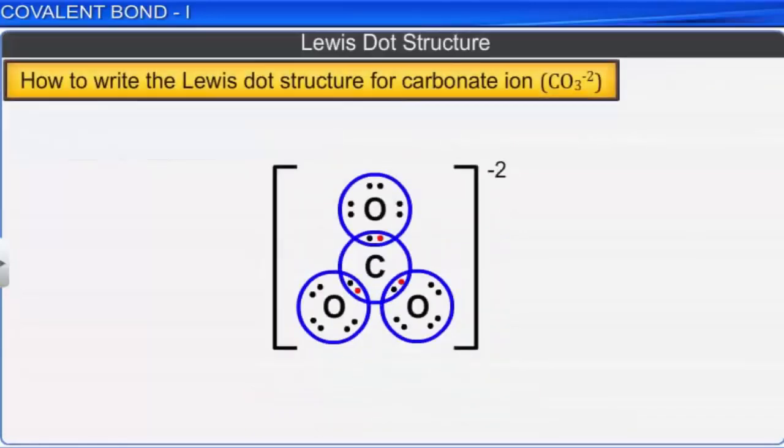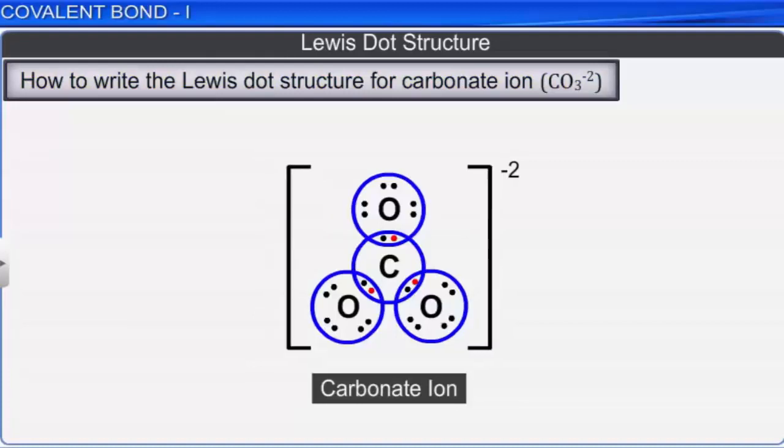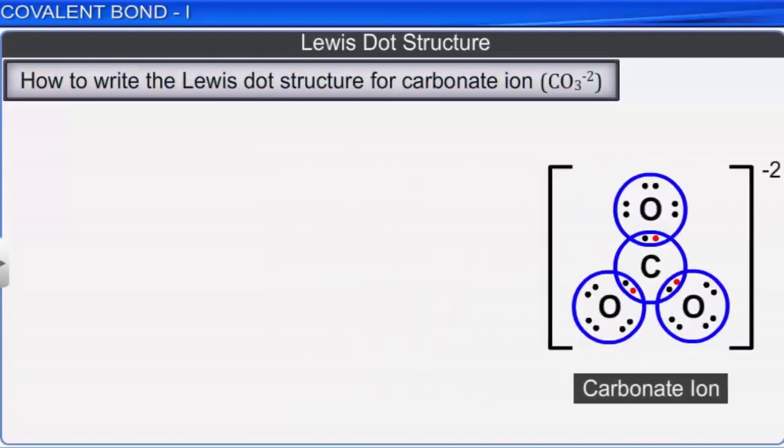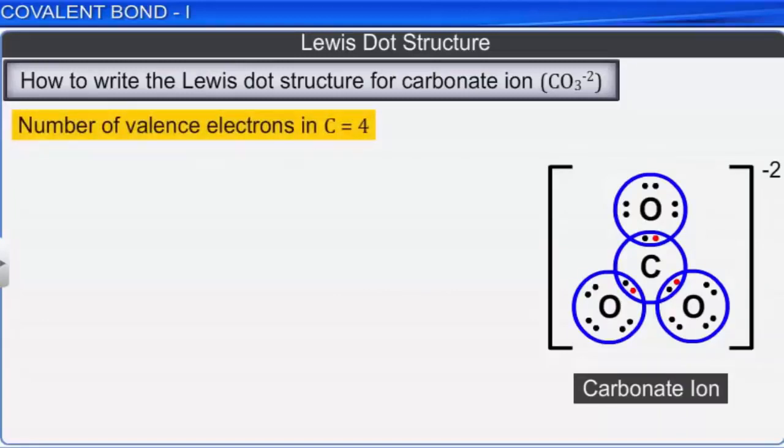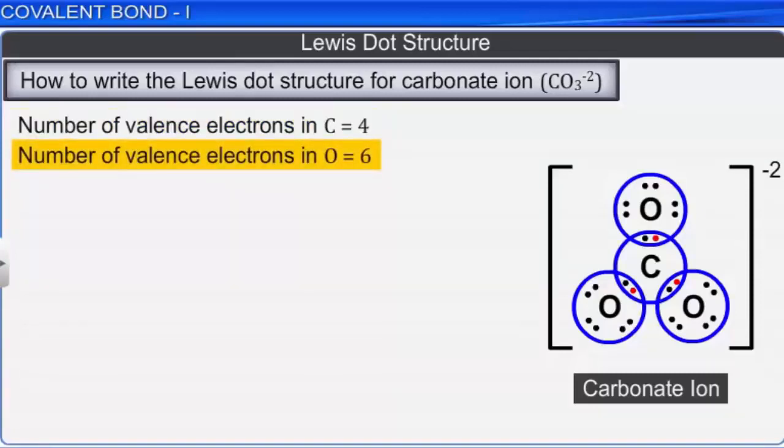Now let's see how to write the Lewis dot structure for carbonate ion by adopting the above-mentioned steps. First, let us calculate the total number of valence electrons in the carbonate ion shown here. The number of valence electrons in carbon is 4, whereas the number of valence electrons in oxygen is 6.